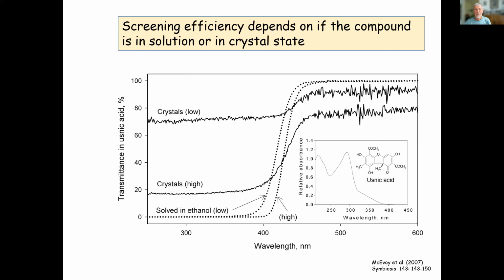But if we distributed the same amount of usnic acid as a layer of crystals on a plate, then the transmittance was much higher. So it's not obvious that the amount of secondary compounds may efficiently absorb UV when they are in crystal form.